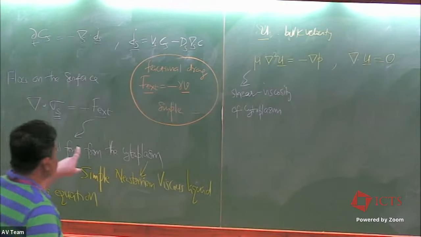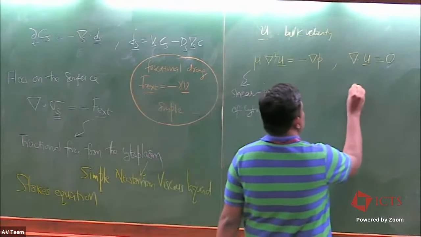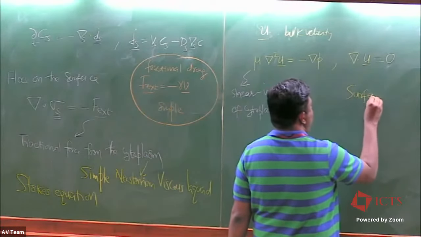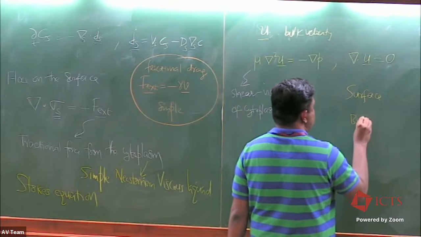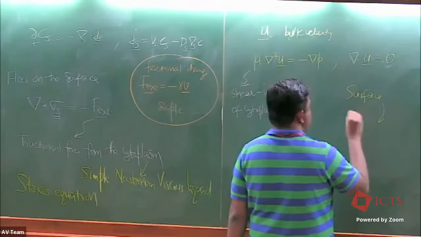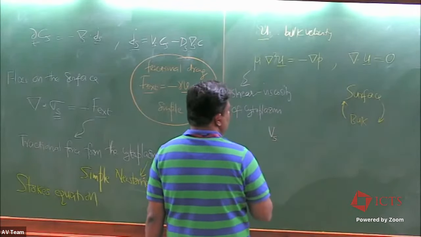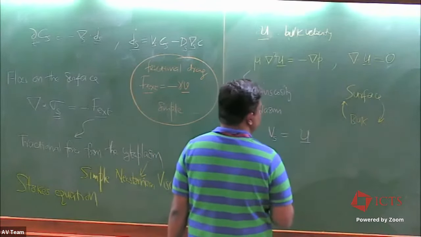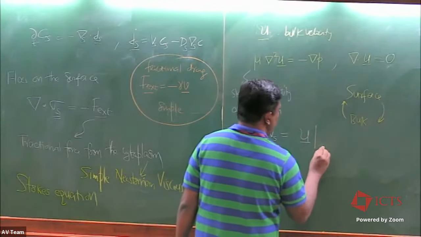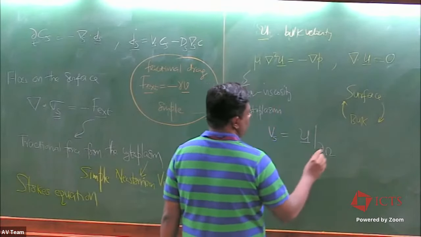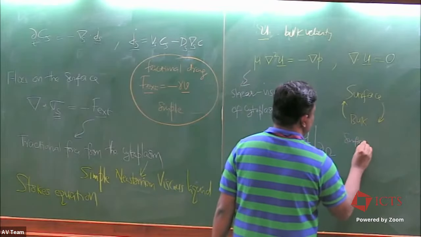So the surface and the bulk get coupled via the following. The surface velocity provides a boundary condition for the bulk field on the boundary of the domain, so basically on the surface of the cell.